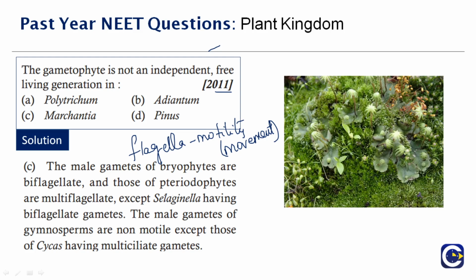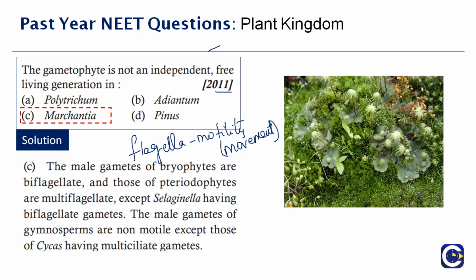The male gametes of Bryophytes are biflagellate, and those of Pteridophytes are multiflagellate, except Selaginella, which is biflagellate. These systems are free living. They are not dependent since they are motile. But in Marchantia, the gametophyte is confined or retained on the sporophyte, and it is highly dependent on the sporophyte. So that is why the correct answer to this question is option C, Marchantia.